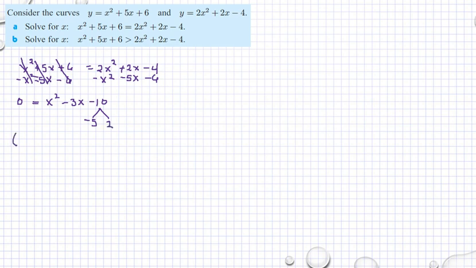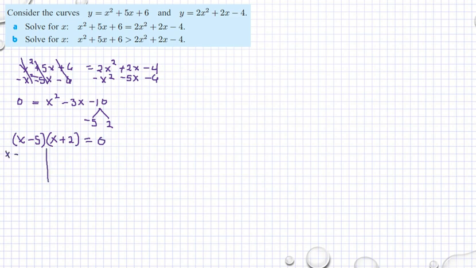Then we have x minus 5 in parentheses multiplied by x plus 2 in parentheses is equal to 0.